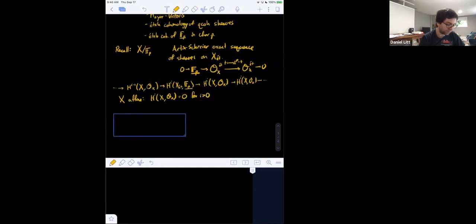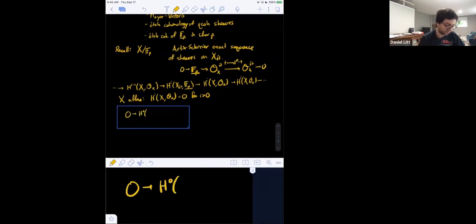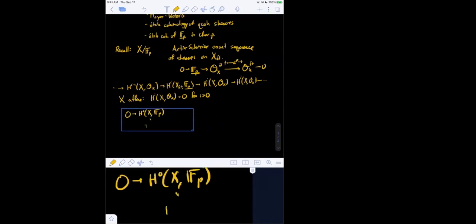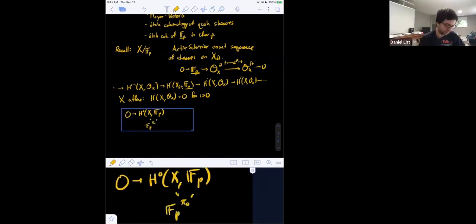So what we get is we just get an exact sequence 0 to H^0(X, F_p). That's just F_p to the number of connected components of X. So that's F_p to the pi_0 of X, if you'd like.